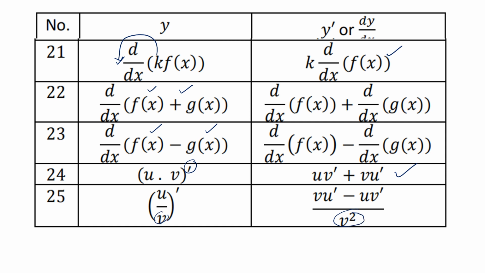What is here? v, here v square. Easily we can remember. Then this v, first you have to keep. Denominator you have to keep it. Numerator derivative: v u dash minus u v dash. Okay. So these are the important rules. Very much important.